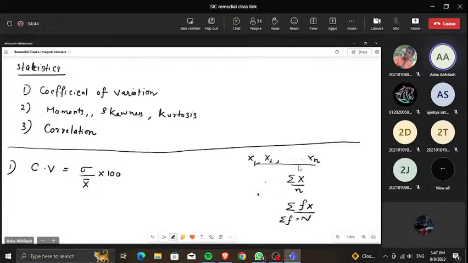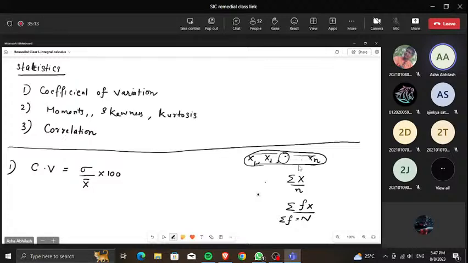In that case, out of this data, if it is in ascending order, we will consider which one is coming in the middle. If it is equally distributed, then we can consider the middle data. Or if it is not equally distributed, then you can find the total summation, and whichever is very near to that arithmetic mean value, you can consider as the assumed mean.